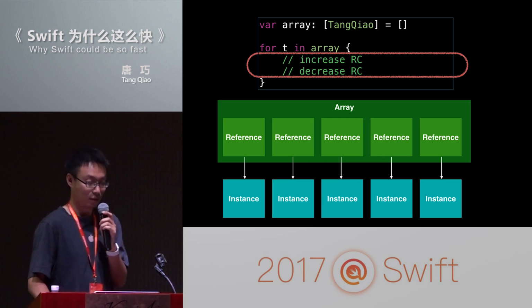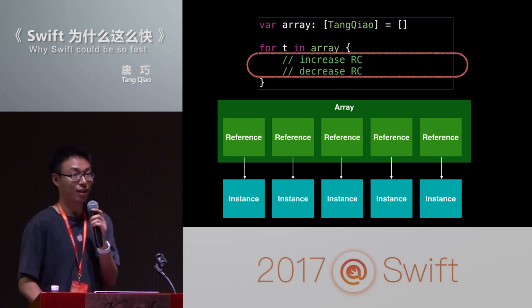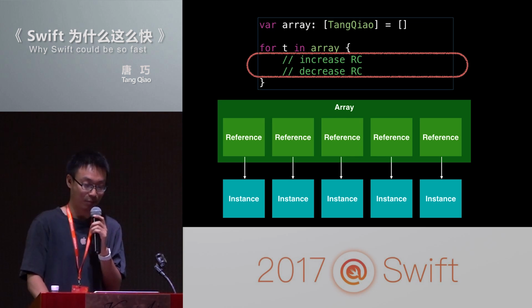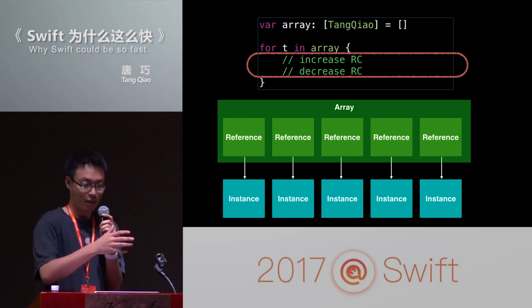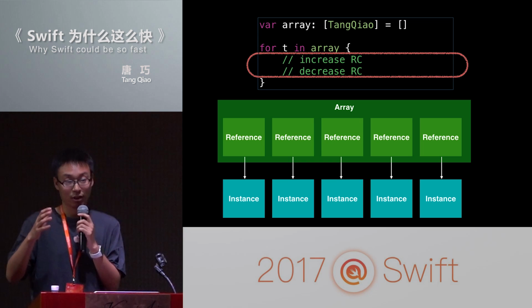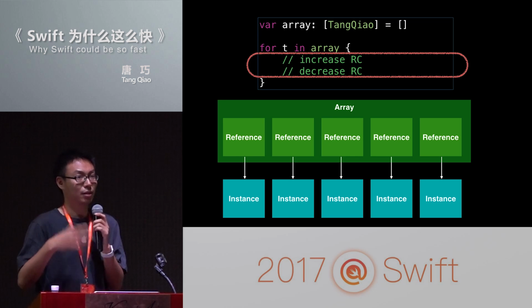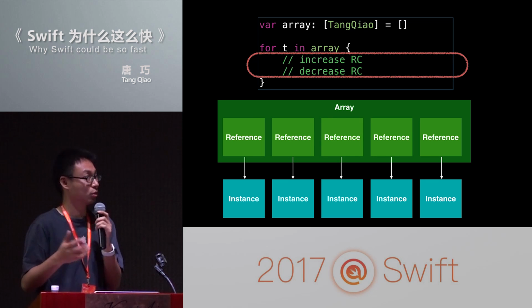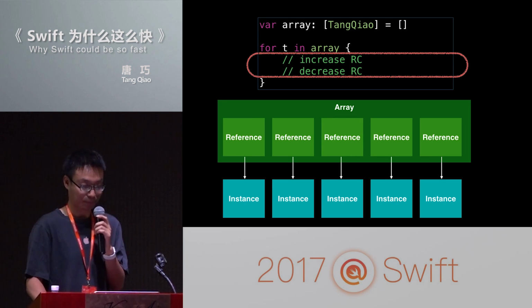And actually, the reference count operation is not cheap, not simple. For strict safety, Swift needs to first lock the memory, change the reference count, then unlock the memory. So it's not easy to do this operation.